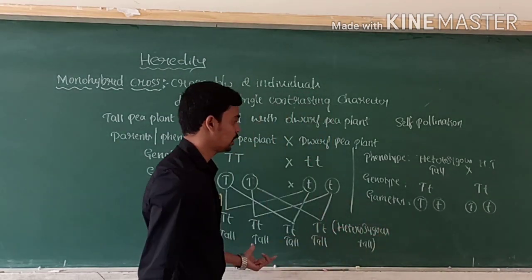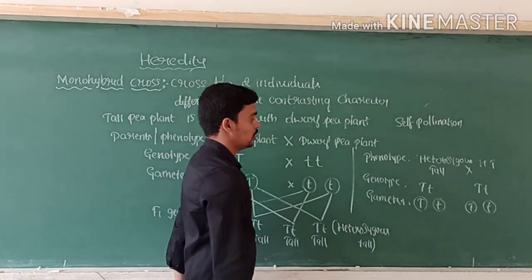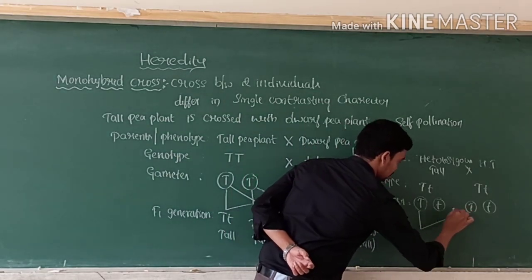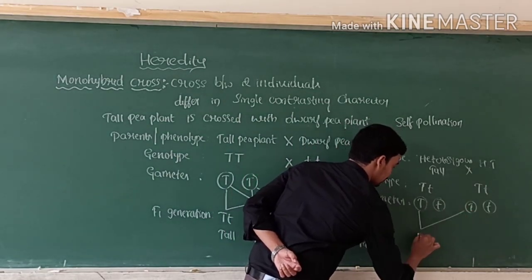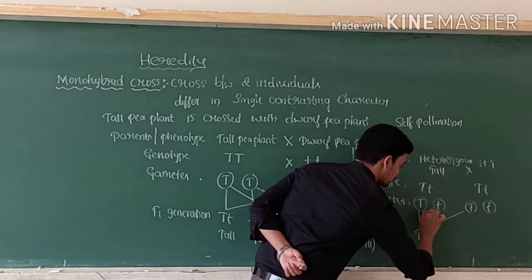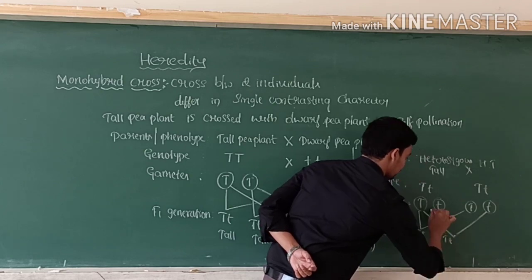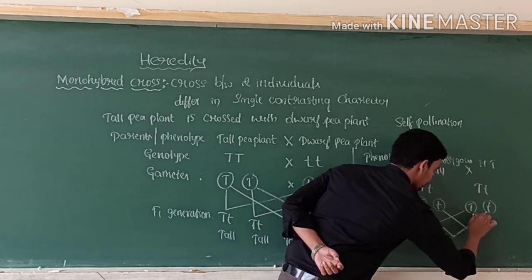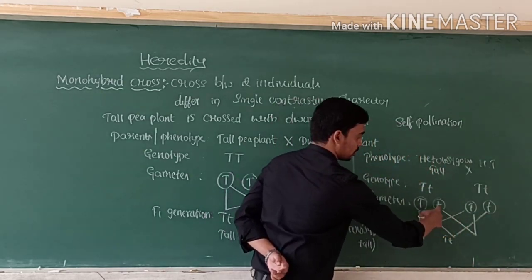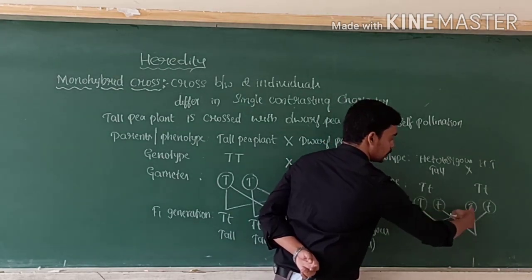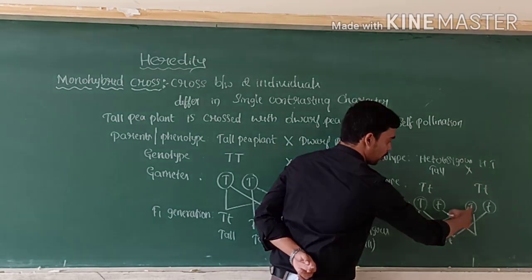Individuals in the F2 generation. Okay, for this we should make a cross between these: capital T, capital T, and next capital T, small t, and next, here the cross is made between small t as well as capital T. So you should mention the dominant character first, dominant factor first.